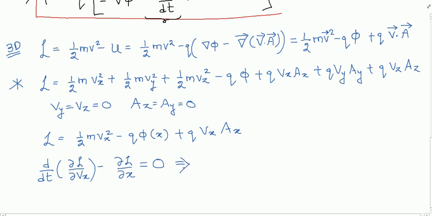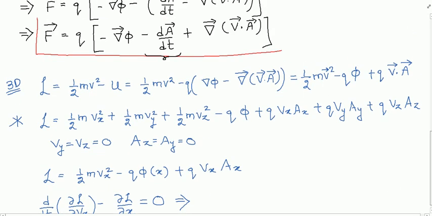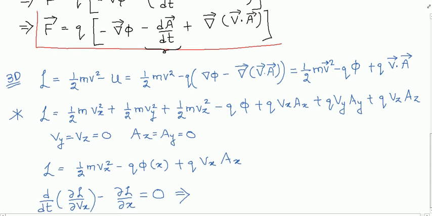Now evaluate this and see if you get the force equation, all in x component. My guess is, if you solve this, let us look at our force equation again. Yeah, this is our force equation, and everything will be in terms of x. So you should get force equals q, and since I removed other components, this becomes a 1D problem. So it's going to look like minus d phi divided by dx.